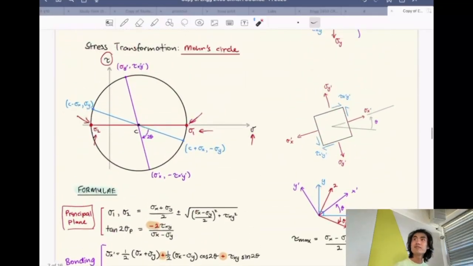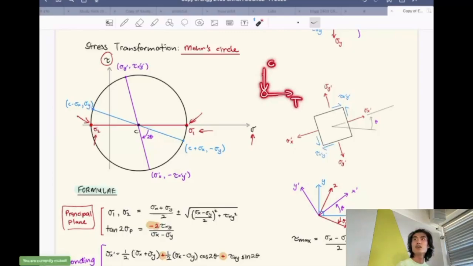Let's say compression is positive. No, compression is negative. If you think about a joint, these ones are in tension and these are in compression.